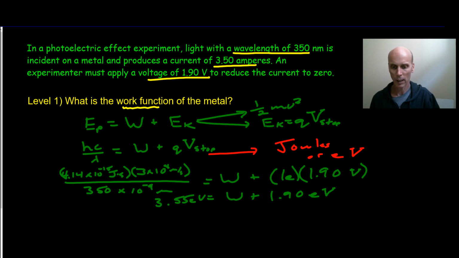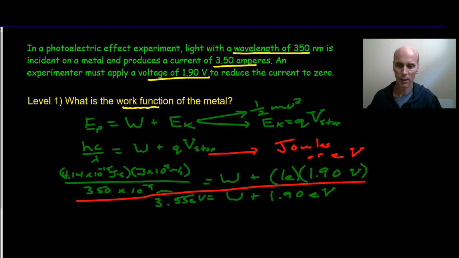So here's a real stripped down version of what happened. We had an incoming photon with 3.55 electron volts worth of energy being annihilated, losing all of its energy, and it's being converted into work function plus 1.90 electron volts worth of kinetic energy.